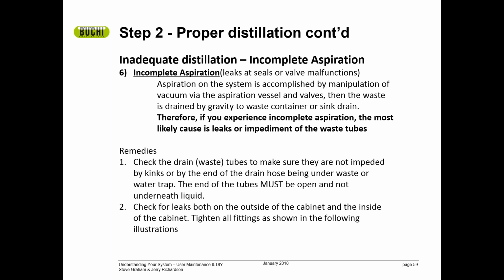This is almost always due to a leak at one of the seals that we've previously talked about, or at one of the seals that we are going to talk about on the inside of the system. Aspiration on our system is completely controlled by vacuum. Therefore, any leak is going to affect the aspiration.